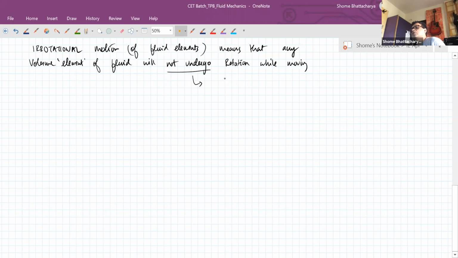Not undergoing rotation means that the volume elements will be in pure translation.